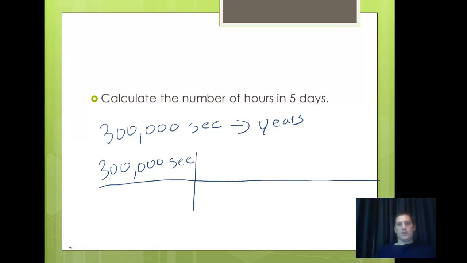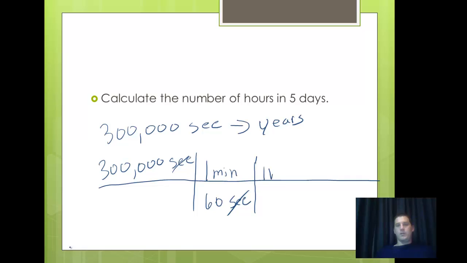So we know that 1 minute is 60 seconds. We're going to cancel out the unit, not the number, just the unit. So our next increment of time, we can take a minute to an hour. So for every 1 hour, we have 60 minutes. Okay? So again, we're going to cancel out the unit.